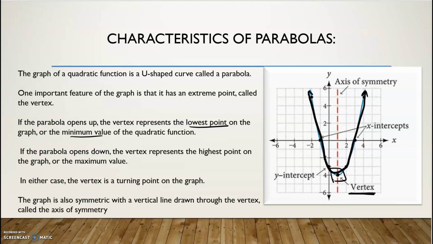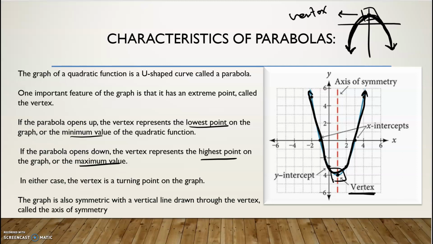Now, if the parabola opens downward, say like this, then our vertex would be right here. This would be the highest point on the graph, and we would call it the maximum value, because within this graph, that is the highest point.